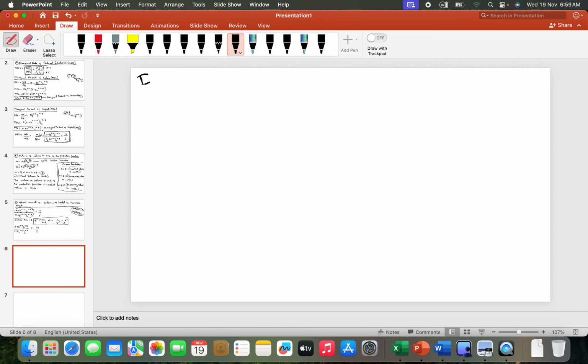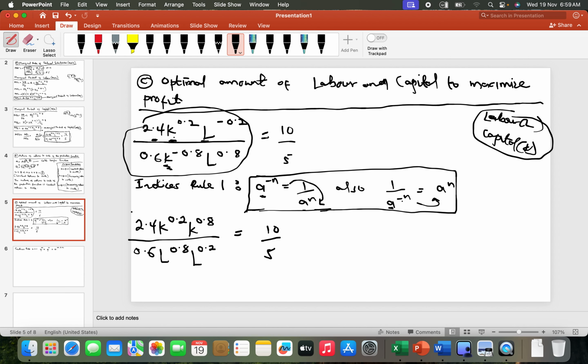Now indices rule 2, our second indices rule. It states that if I have variables of the same base and they are multiplying, add their exponents, it becomes a exponent m plus n. So we bring back the equation here.